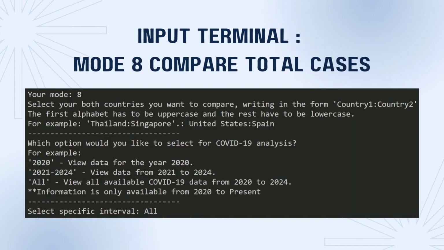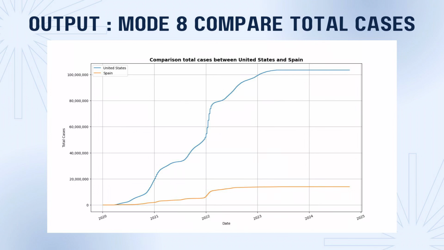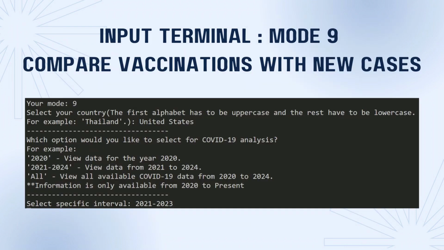Same as the last mode, we also made a program to compare total cases. We still use the United States and Spain as an example, and we select all the data. The program is going to display both countries' total cases in the same graph. And the next is our ninth mode, which is comparing vaccination with new cases.